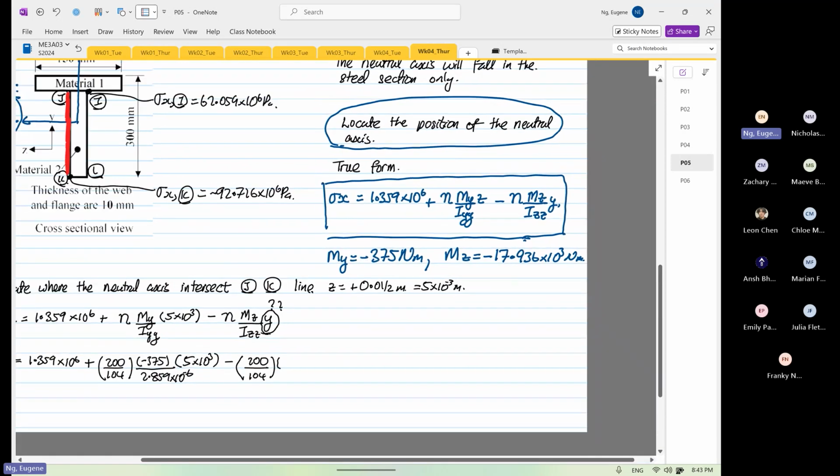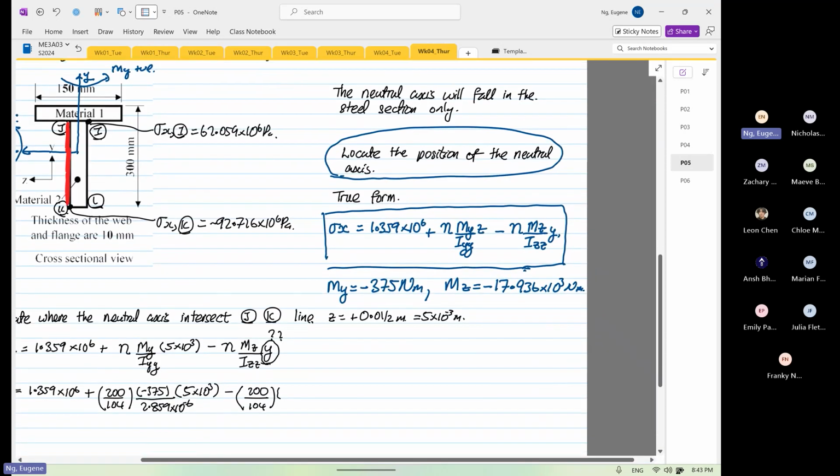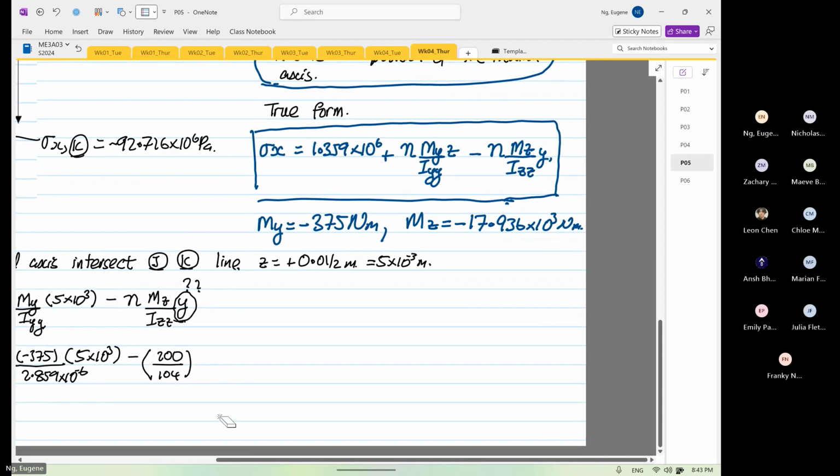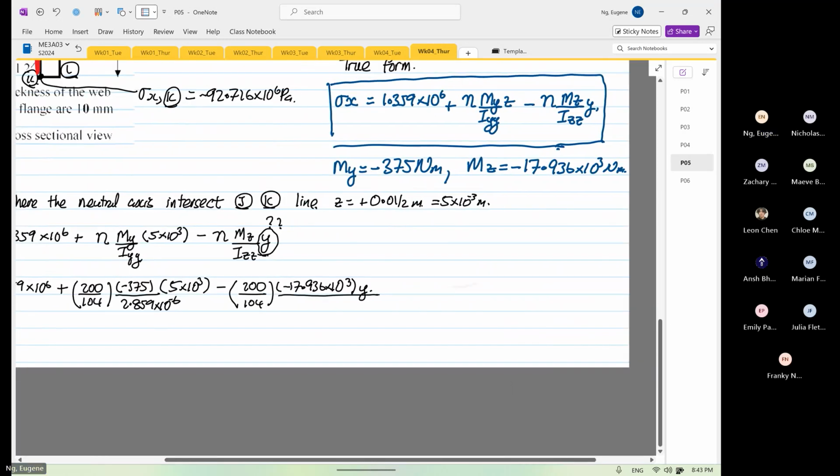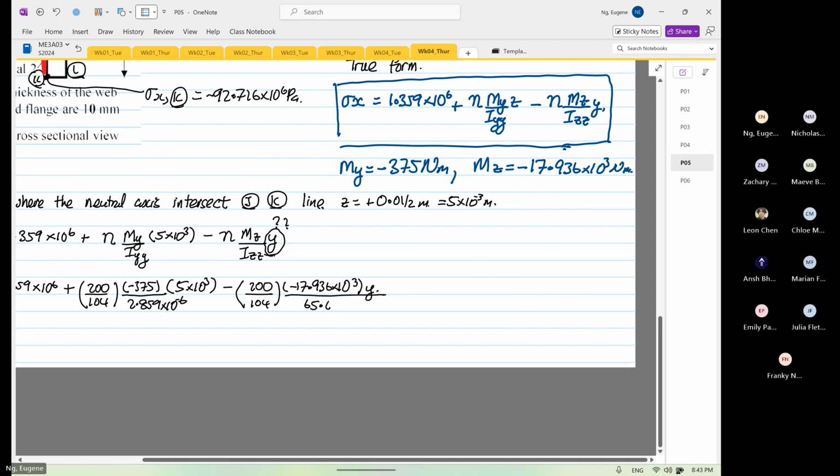And then the Mz, you also must include the minus. So minus 17.936 times 10 to the power 3, times Y, which is what we want to find out, and then divide by 65.694 times 10 to the power minus 6, right?